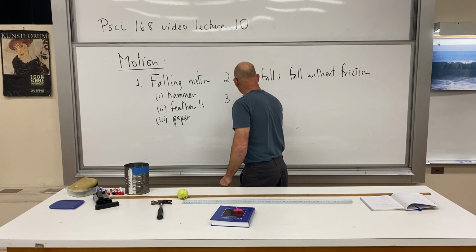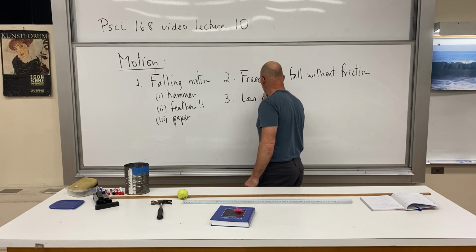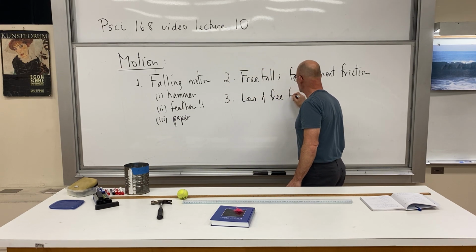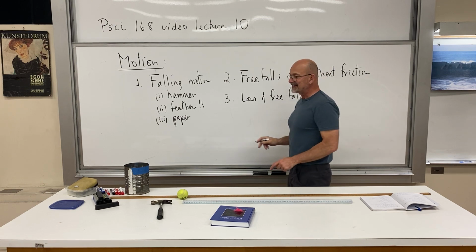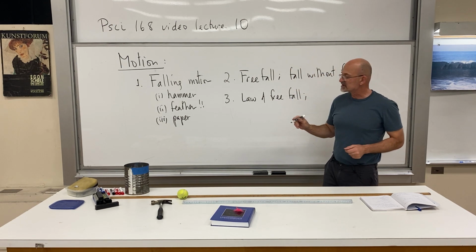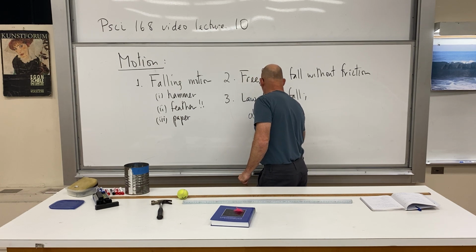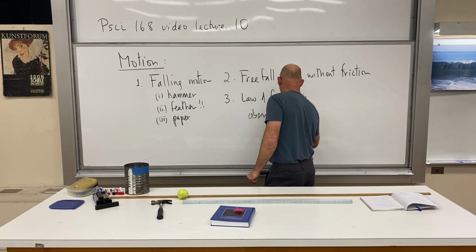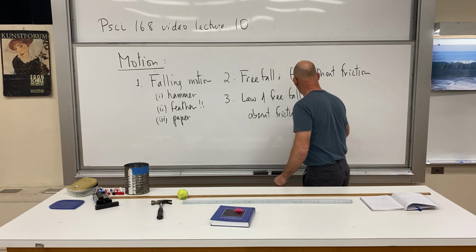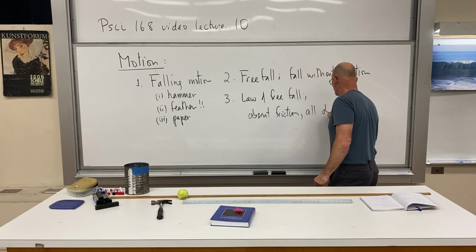So the law of free fall, I'll even write this out. The law of free fall is that in the absence of friction, all objects fall the same. So, absent friction, all objects fall the same.